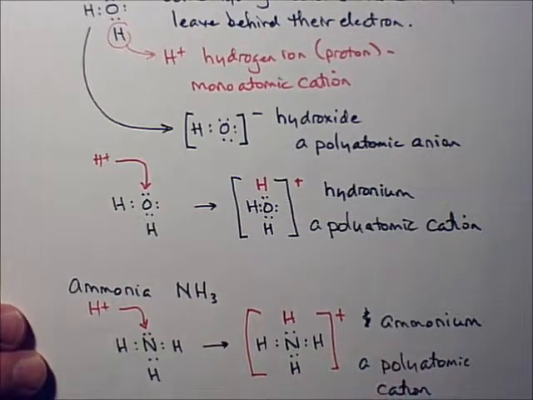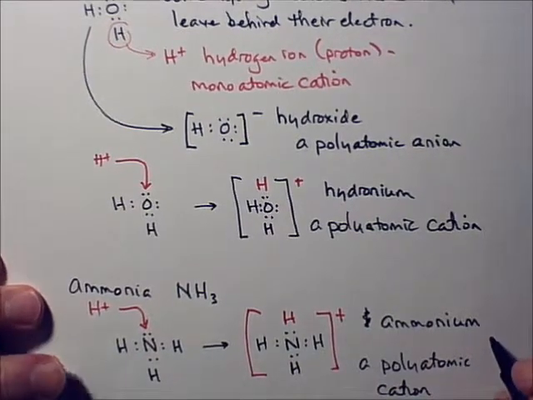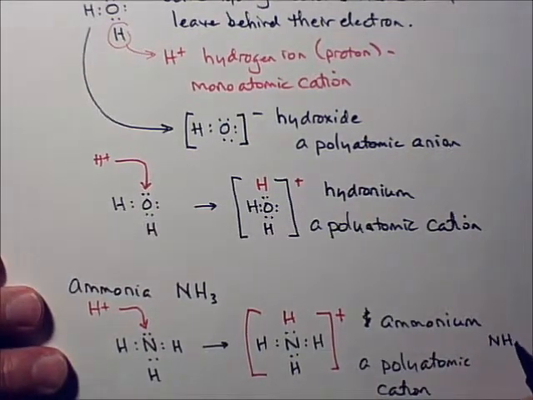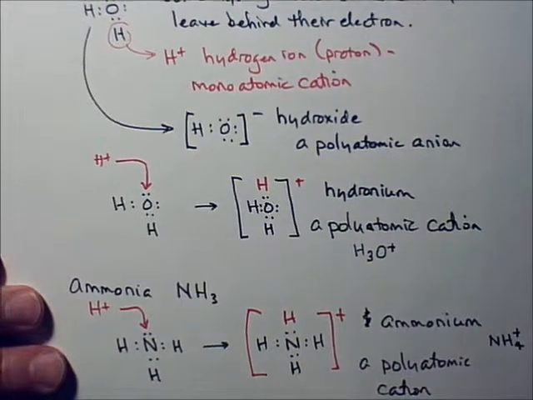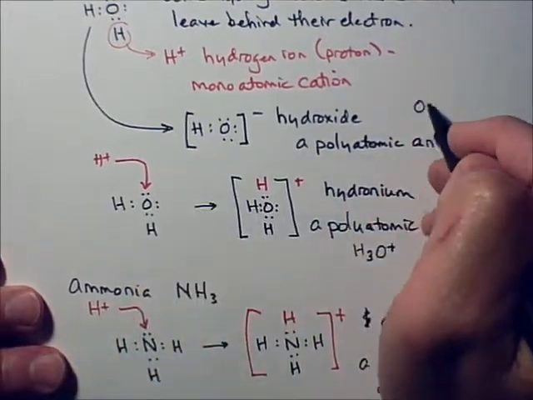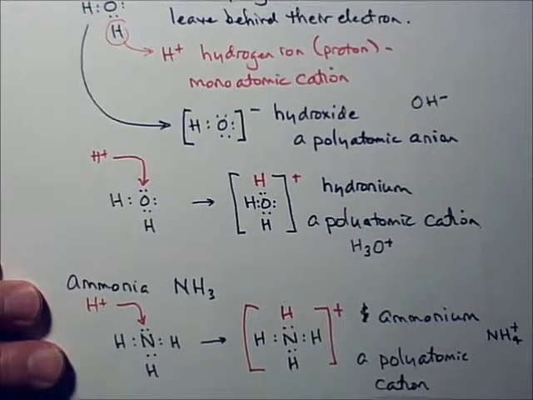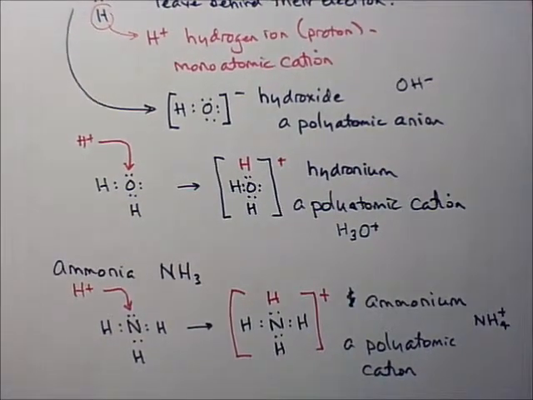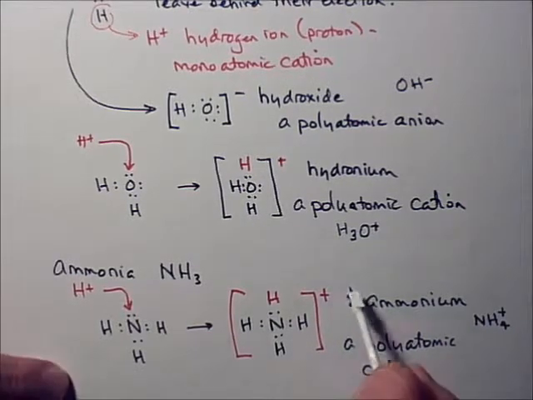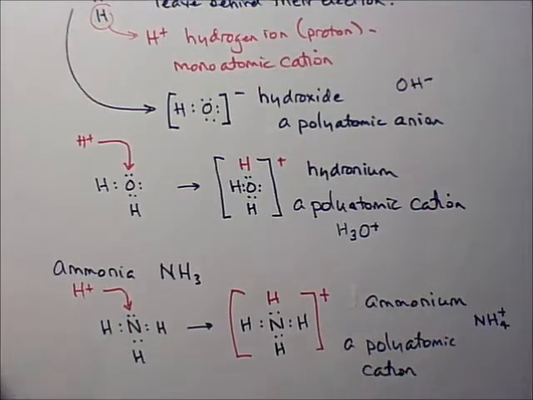Ammonia is NH3. Ammonium is NH4 plus. Hydronium is H3O plus. And hydroxide is OH negative. Got it? Now I'm super simplifying some of this because some of it is more complex than I make it, but we're trying to keep it simple, for high school.